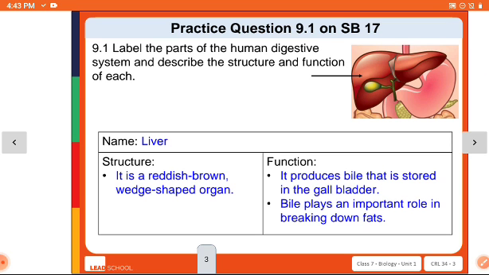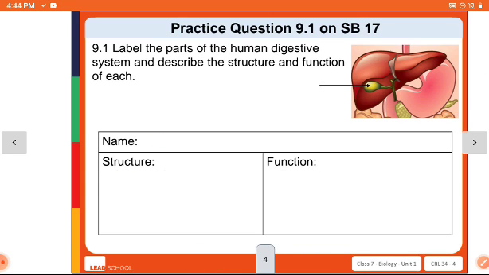Label the parts of the human digestive system and describe the structure and function of each. For example, first, the reddish brown organ is the liver. The structure is a reddish brown wedge-shaped organ, and the function is to produce bile that is stored in the gallbladder, and bile plays an important role in breaking down fat.